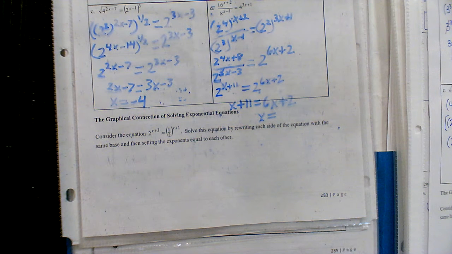The marker is kind of dying on me, so let me know if you need something read to you. And was anybody able to find the x value for this problem? Good.